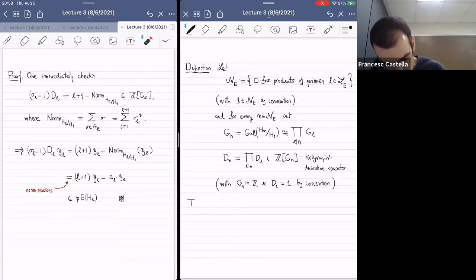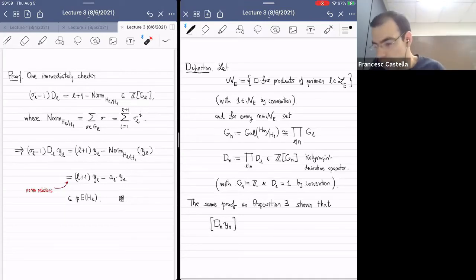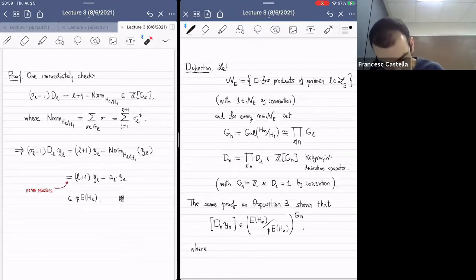So the same proof as proposition 3 shows the following: that if I apply Tn to the Heegner point of conductor n, I look at its class modulo multiples of p, we get a point which is fixed by this Gn. Here, as before, Yn is the Heegner point of conductor n.